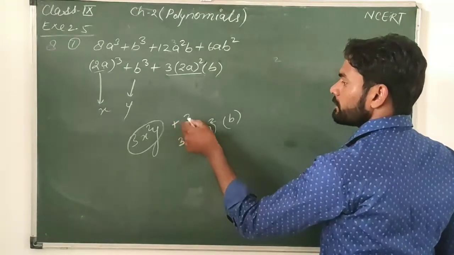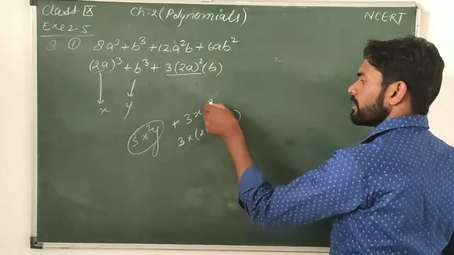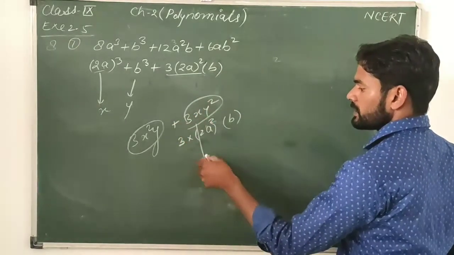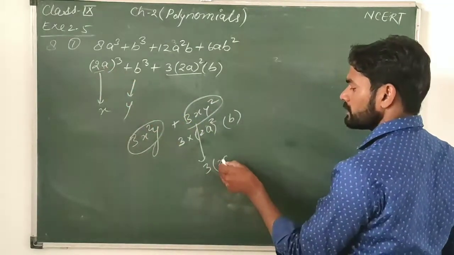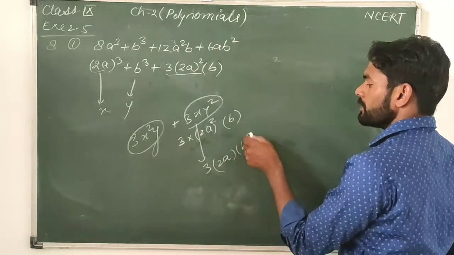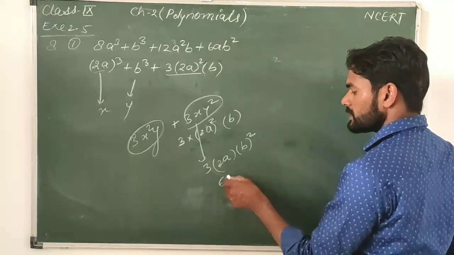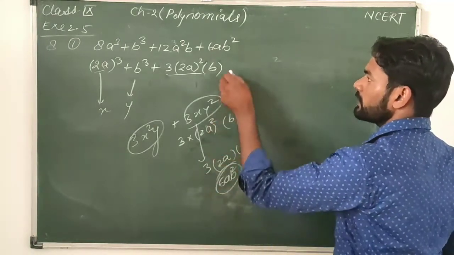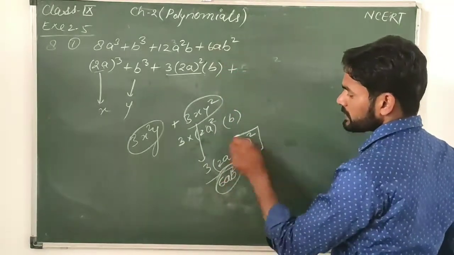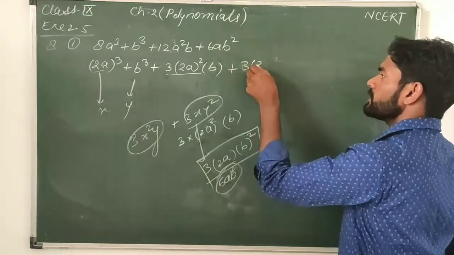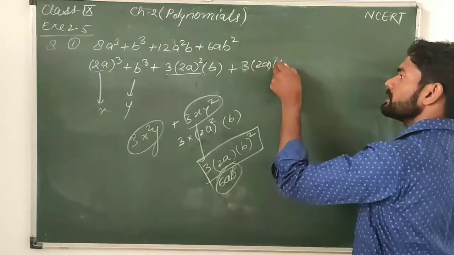इससे आगे स्टेप होती है प्लस 3x y square, for this 3, x is 2a and y is b whole square. So 3 2s are 6ab square, 6ab square, तो मतलब इसको ऐसे स्प्लिट कर सकते हैं हम 3 2a plus b.